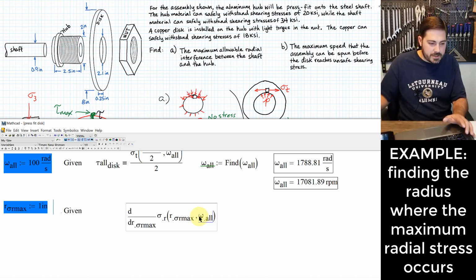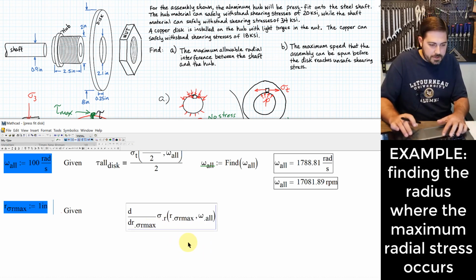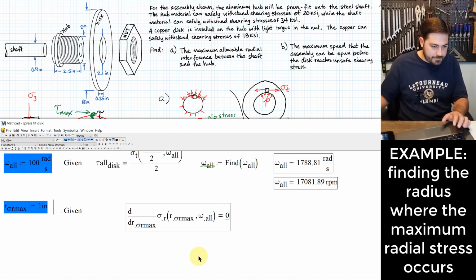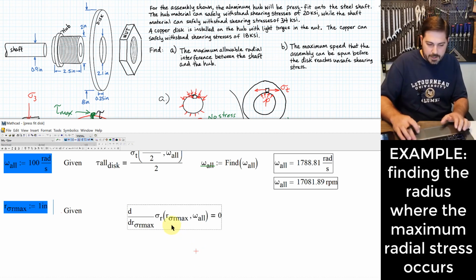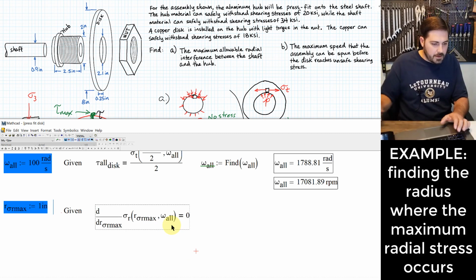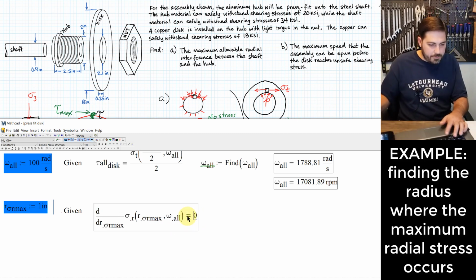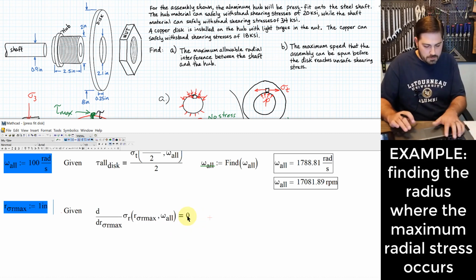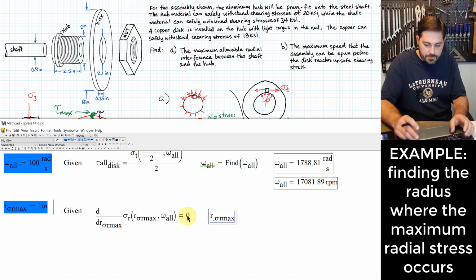So instead of just omega, I'm going to put in this allowable speed. And this is all going to be set equal to 0. Then we're going to solve it for this same value, the radius where this maximum radial stress occurs.